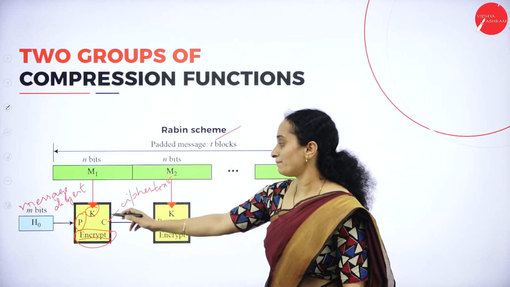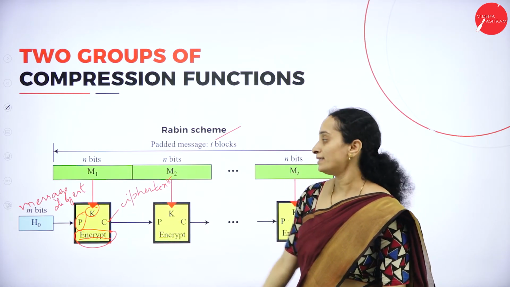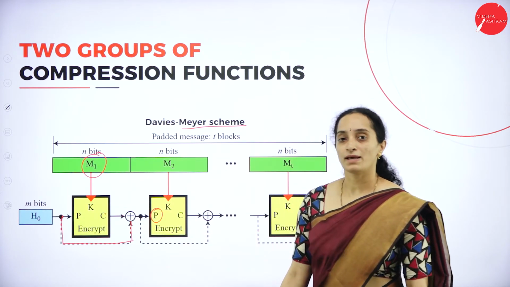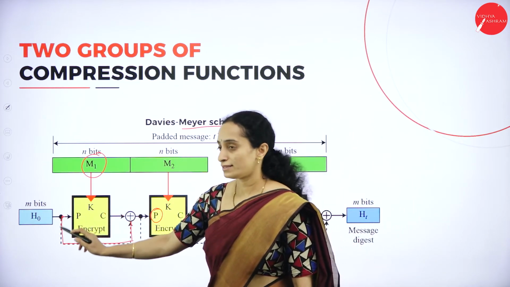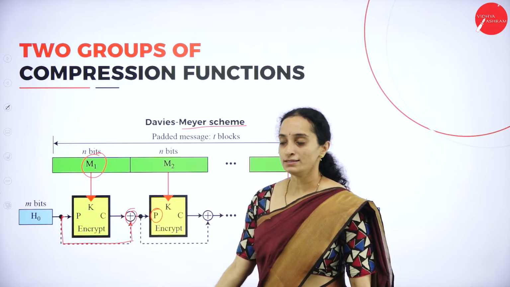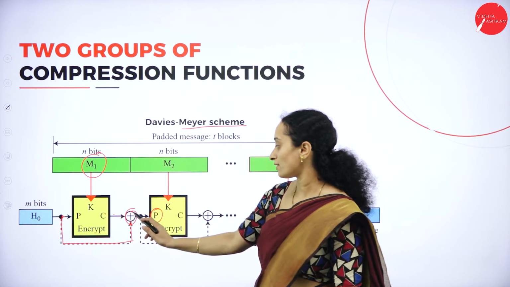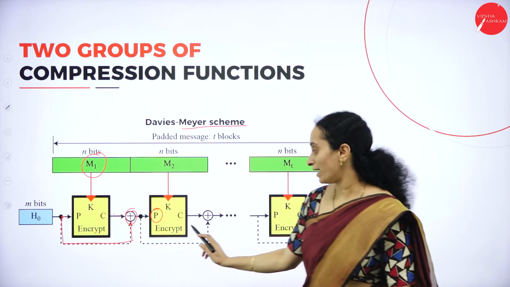In the Rabin scheme, they haven't used the previous digest, but in the Davies-Meyer scheme, they are using the previous message digest XORed with the ciphertext. They are using the XOR method to get the new output.